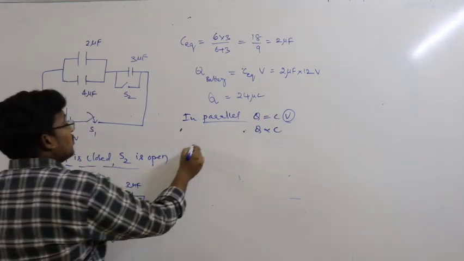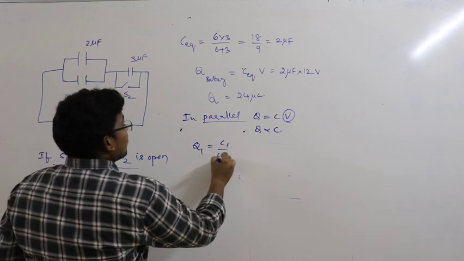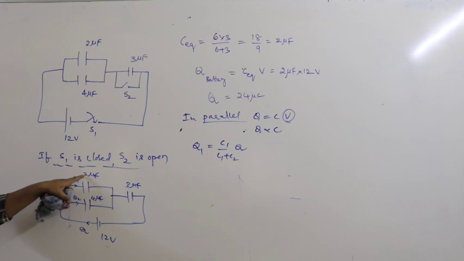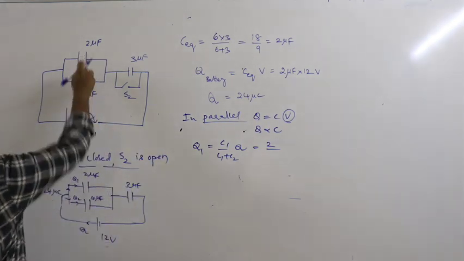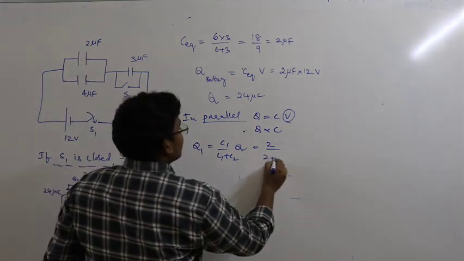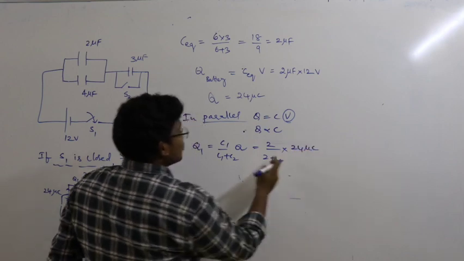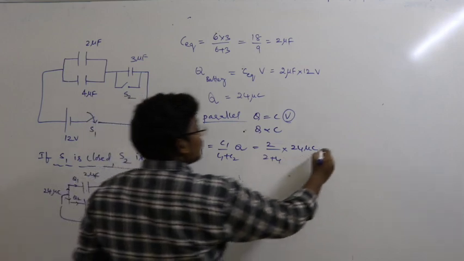So that is how we have a formula given, Q1 is equal to C1 upon C1 plus C2 into the total charge. Now Q1 is nothing but the charge passing through the first one. So it is 2 upon 2 plus 4 into the total charge coming, 24 microcoulombs. So you are getting 2 by 6 means 1 by 3, which is 8 microcoulombs.